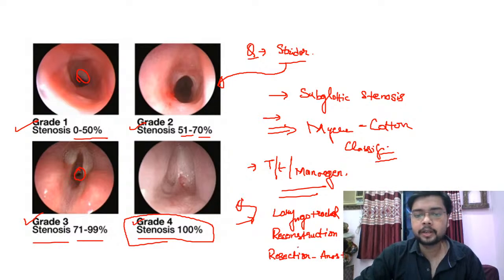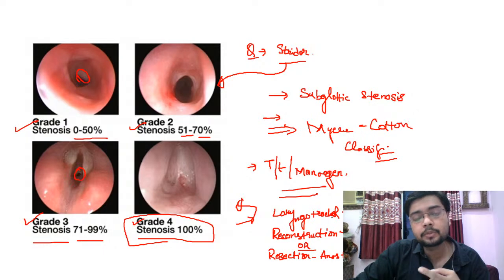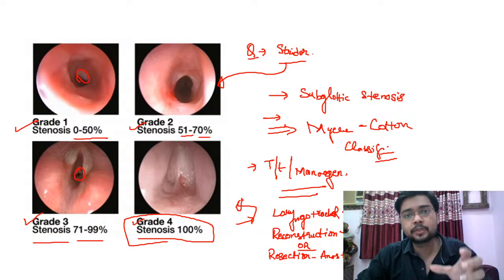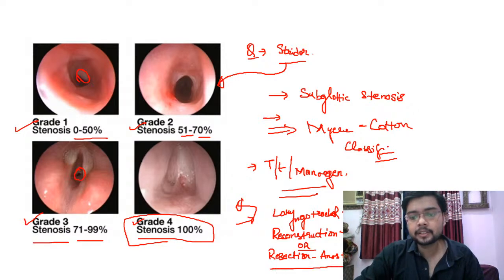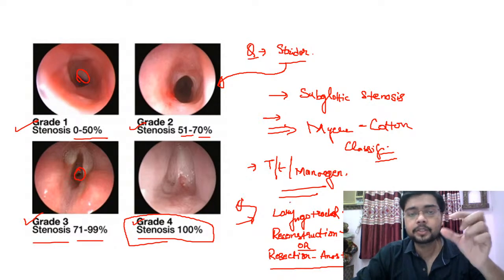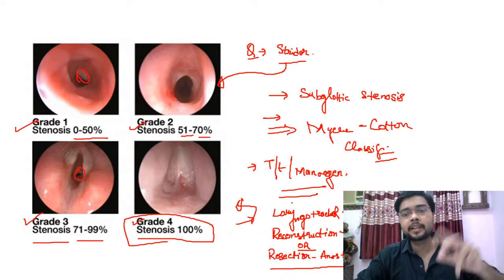So it will depend on what mode of treatment you choose. In laryngotracheal reconstruction, what you do is split the cricoid cartilage both anteriorly and posteriorly and place an implant so as to widen the lumen. In resection and anastomosis, you resect that subglottic stenotic segment and then re-anastomose it.